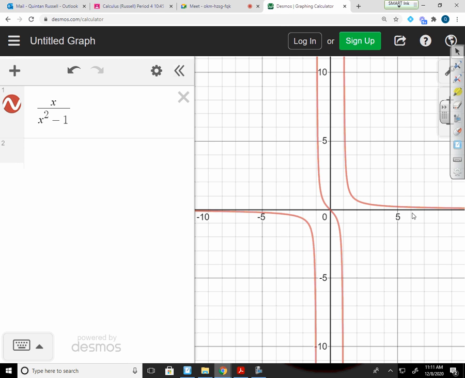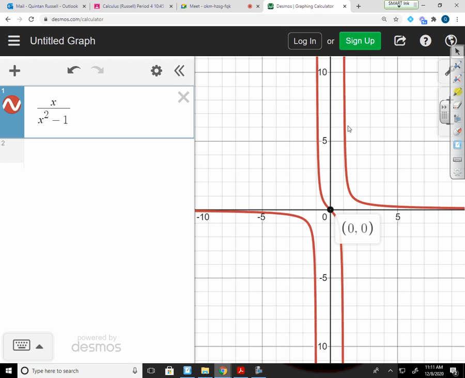This one's a little different, but you can tell if it's even or odd if it actually rotates or reflects over the origin, which is this point here. So it's a little harder to see that. But if it flips over, then it makes it odd.